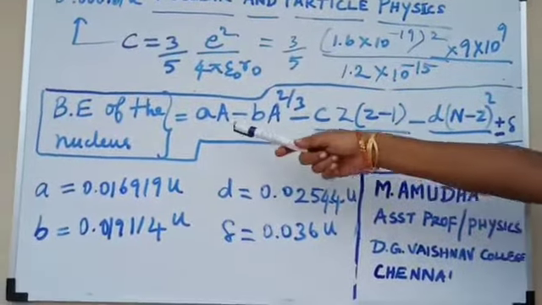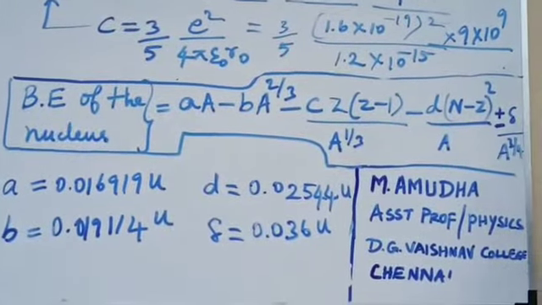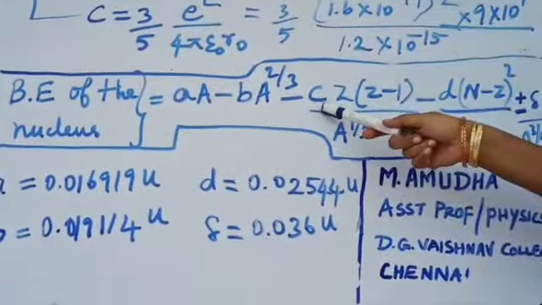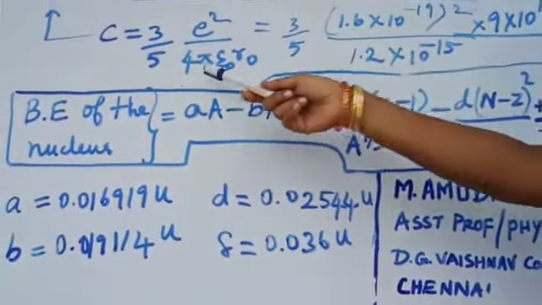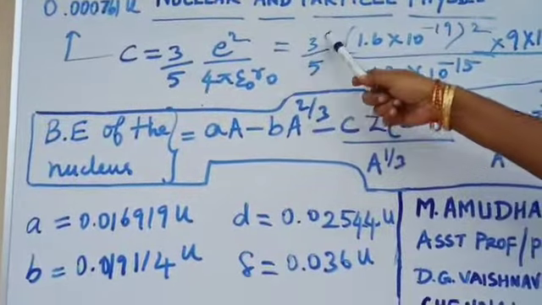So we will evaluate the constant values A, B, C, D as well as del. First we will see how to calculate the constant value C. I already told that the constant C is 3 by 5 e square divided by 4 pi epsilon naught r naught.